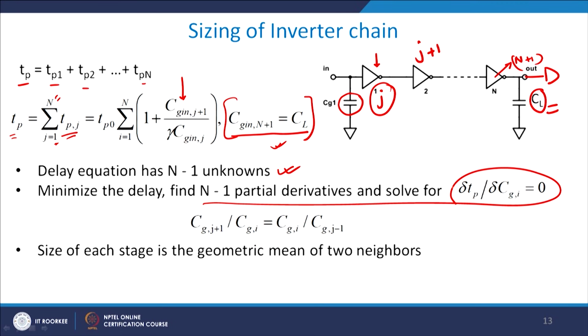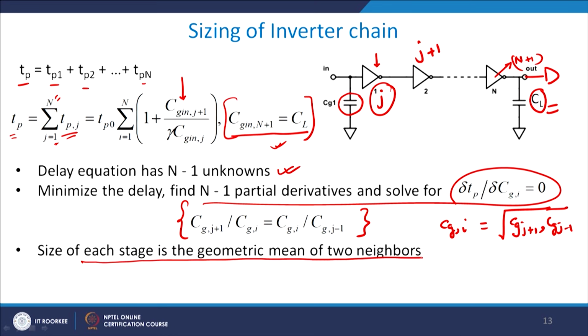Solving for this, I get a relationship, and it is quite an interesting relationship. You can see that Cgi is the square root of Cg(j plus 1) times Cg(j minus 1), which means that the size of each stage is the geometric mean of its two neighbors.